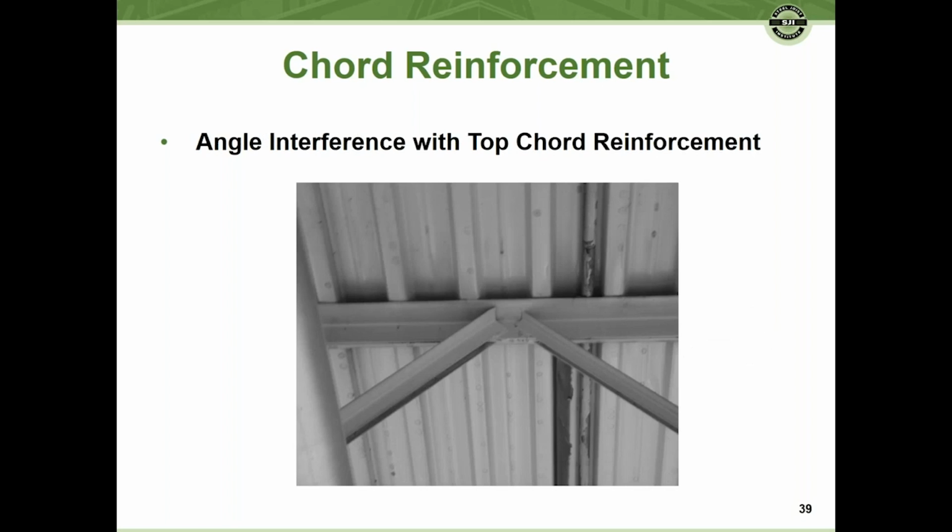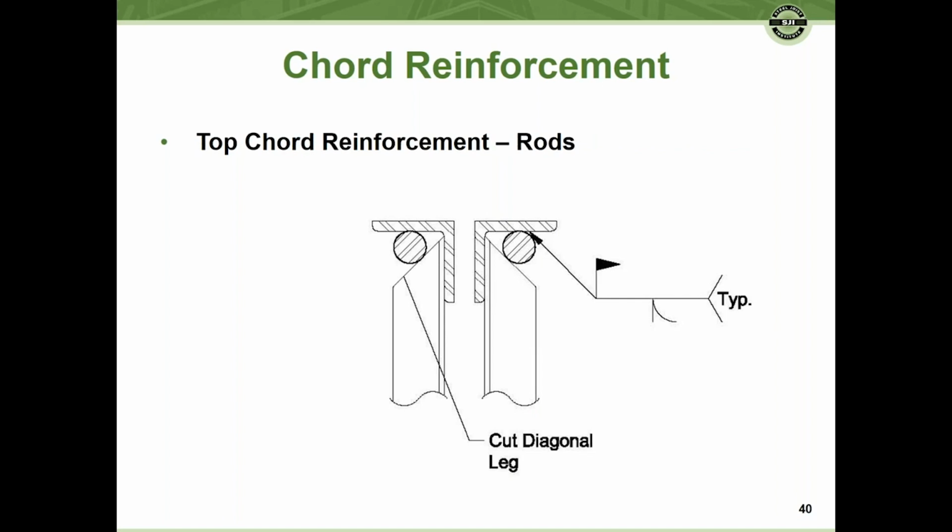As you can see here, we've got some webs that go right up to the outstanding leg of the top chord, and so it's going to be a little bit difficult to get some reinforcing in on that outstanding leg. A typical thing to do is to cope off the webs a little bit. Cutting them to 45 degrees is not going to decrease their load carrying capacity and gives us an opportunity to get those rods in there and make those welds.